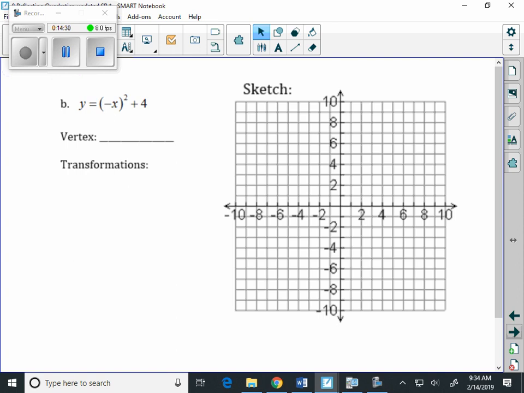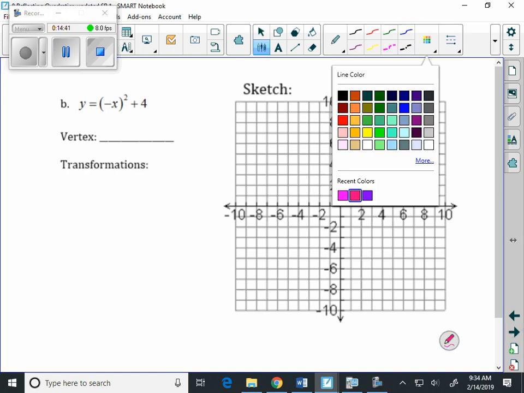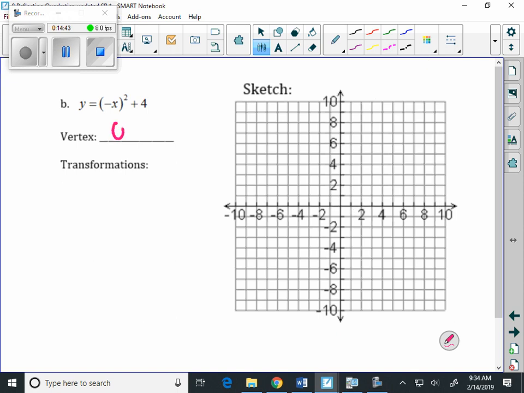Letter B, y equals, in parentheses, -x squared plus 4. The vertex of this particular problem is 0. There's no number beside the x. We're not going to move right or left, but there is something outside of the function, which is a 4. 0, 4.